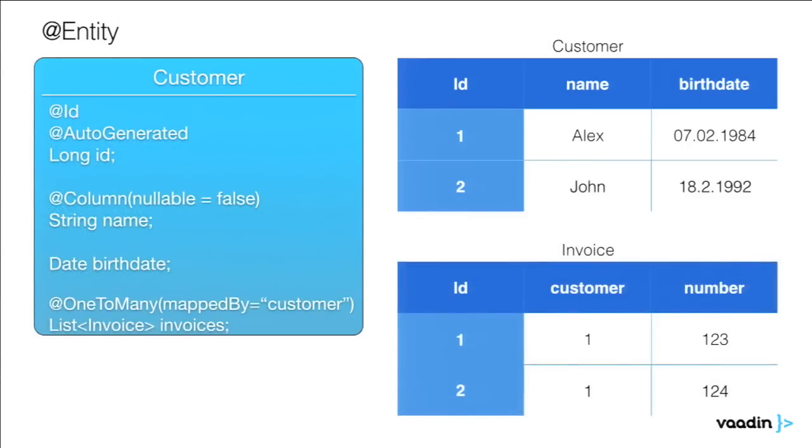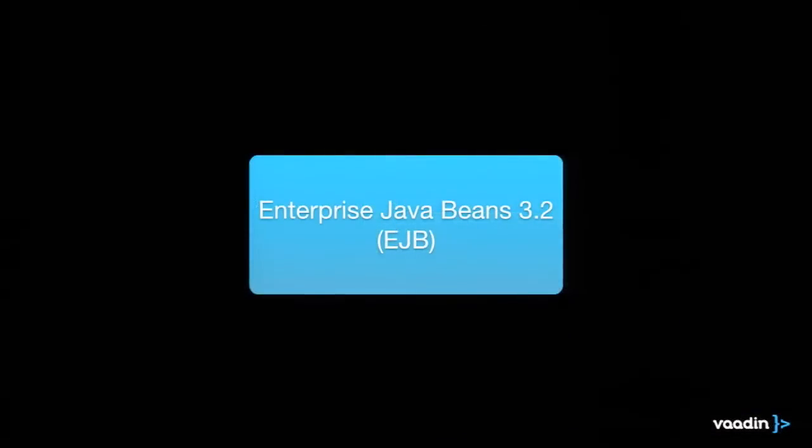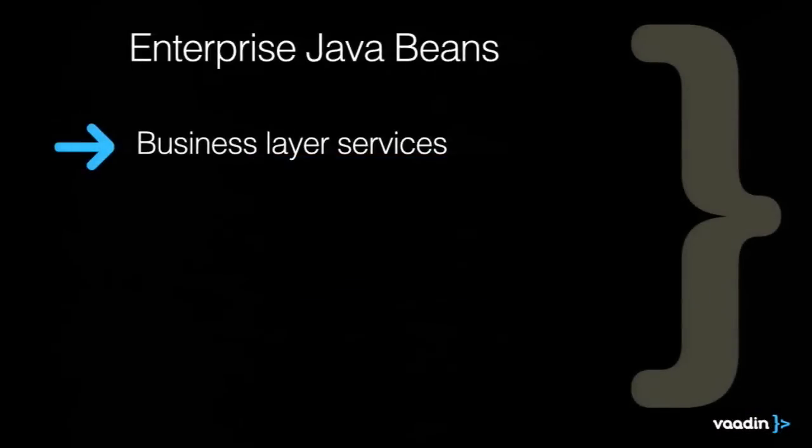Also, the entities can reference other entities by, let's say, one-to-many or many-to-one, many-to-many, any kind of relations. And they, of course, all get stored into separate tables representing corresponding entities. Then the EJBs. They are very useful for business layer services, for creating clear boundaries between your app, let's say UI layer, as well as then the actual backend service layer.